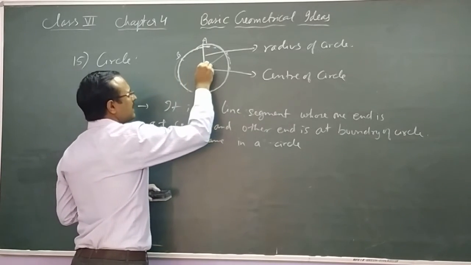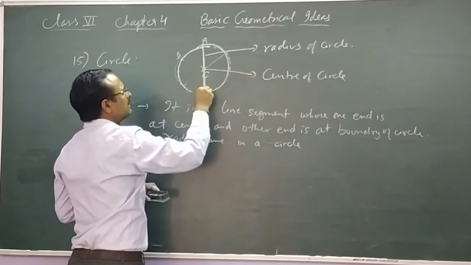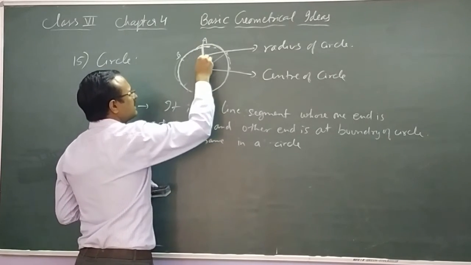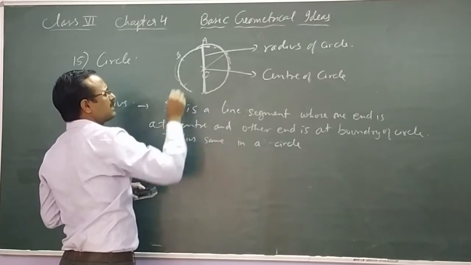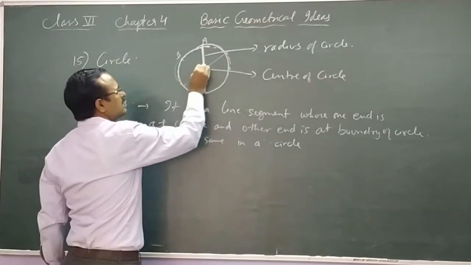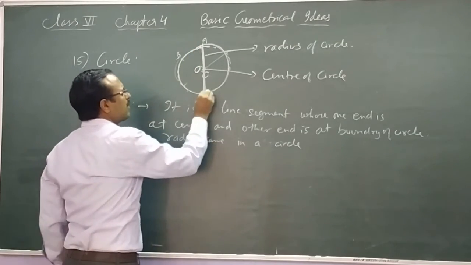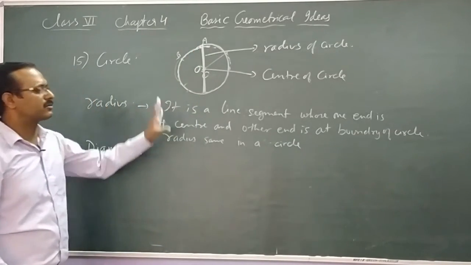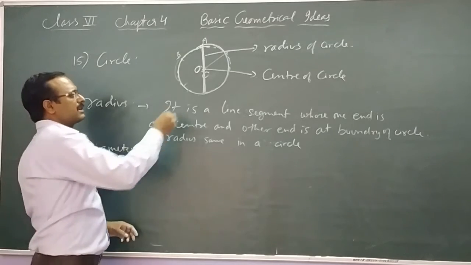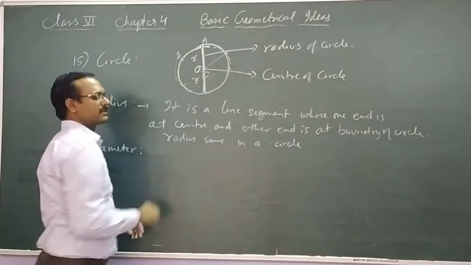Now if I take another radius in a straight line like this, a line segment passing through the center whose end points lie on the boundary of the circle is called the diameter. And the diameter is always double the radius because it contains two radii.